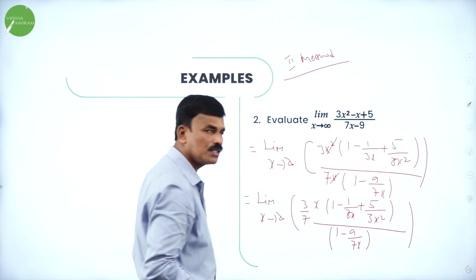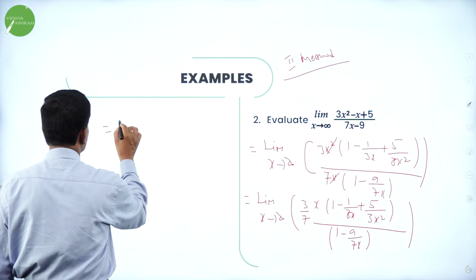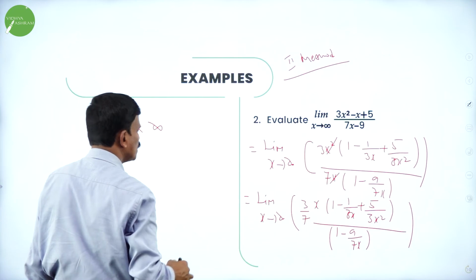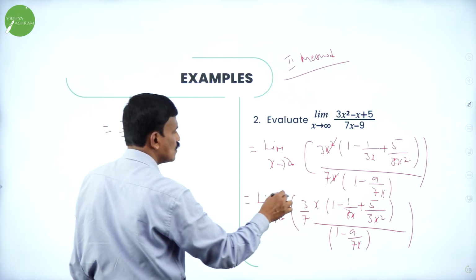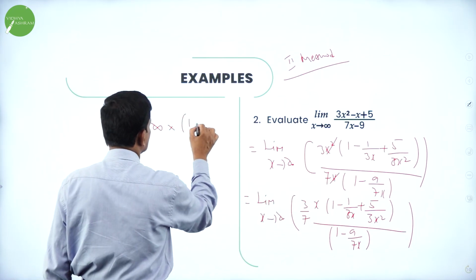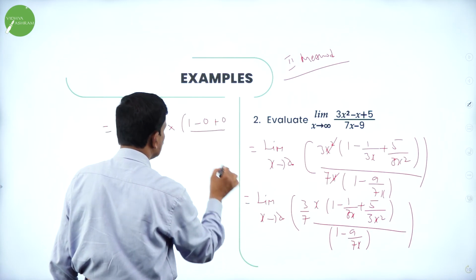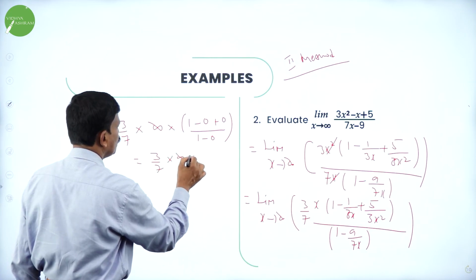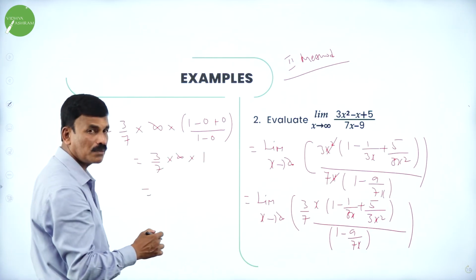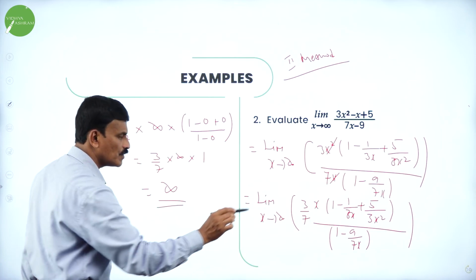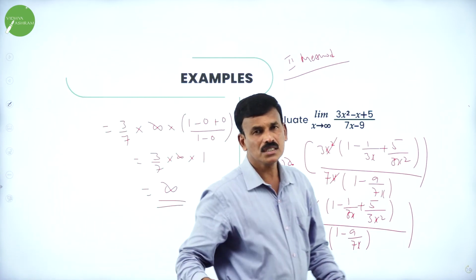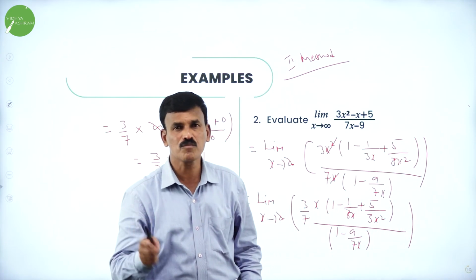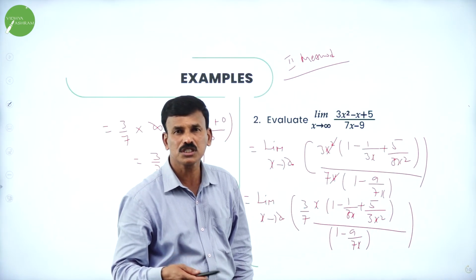Now apply the limit. 3 by 7 is a constant, into, put x equal to infinity, into 1 minus 0 plus 0 divided by, in the denominator, 1 minus 0. 3 by 7 into infinity into 1. Any number multiplied by infinity is equal to infinite, we will get. That's it. This is how we can also solve the problem. This is the second method. Hope you followed. You can use any method to solve this problem.